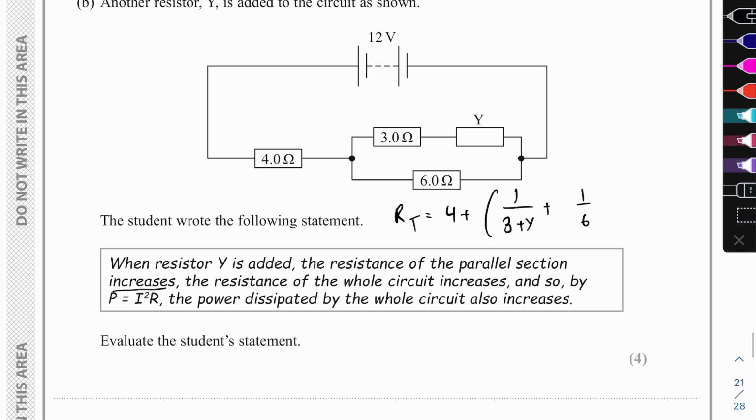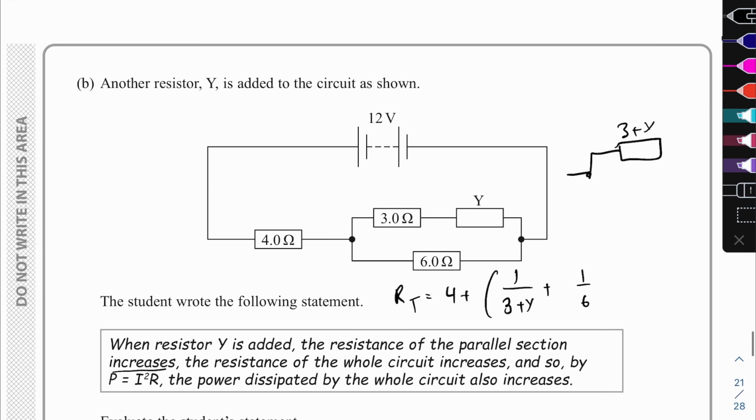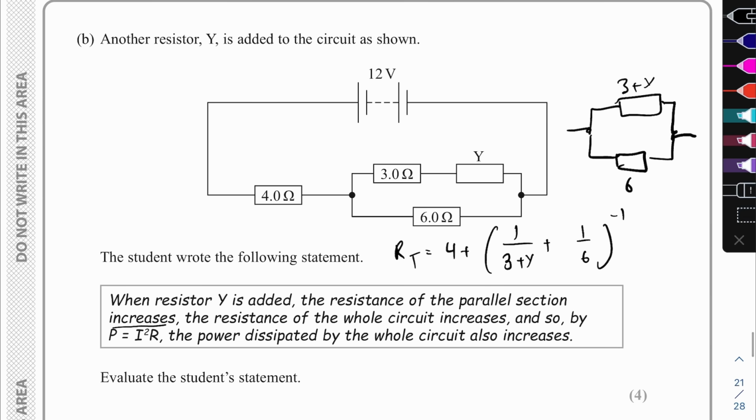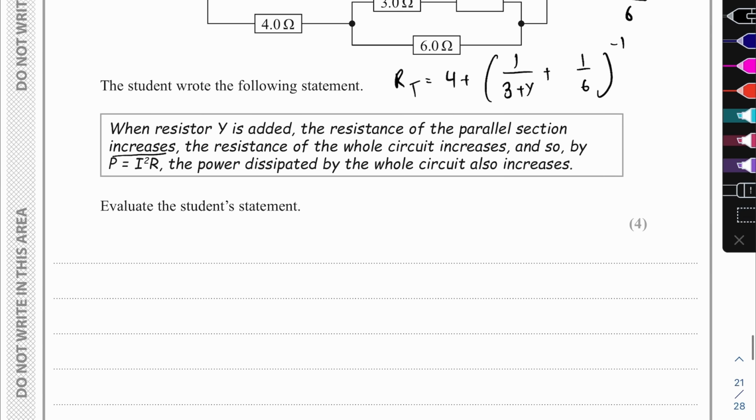This we can rewrite to give you 3 plus Y over 6, like we did before. Now we can use the formula and inverse it. So now R total is what? 4 plus 6 plus 3 plus Y, all over 6 times 3 plus Y.